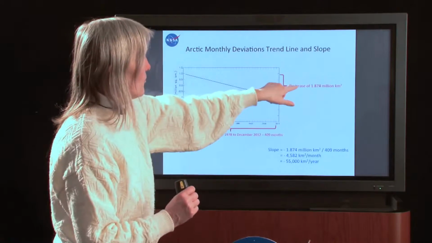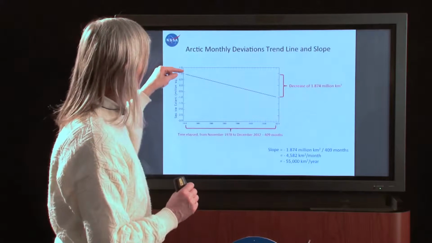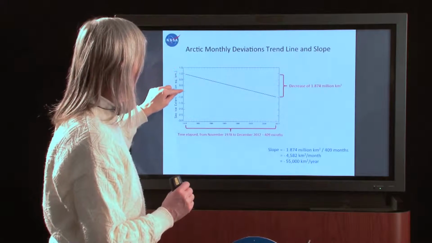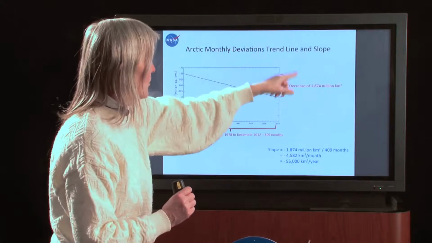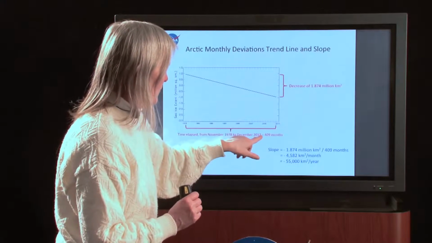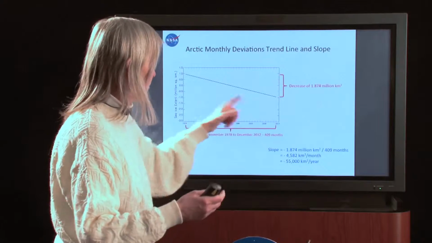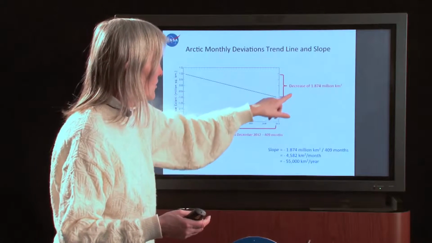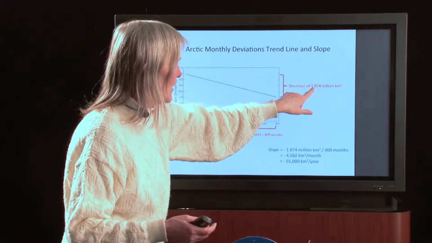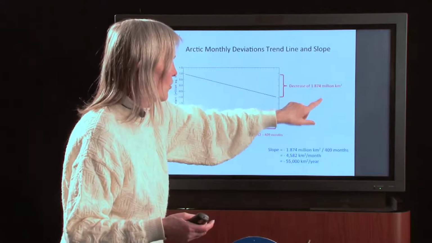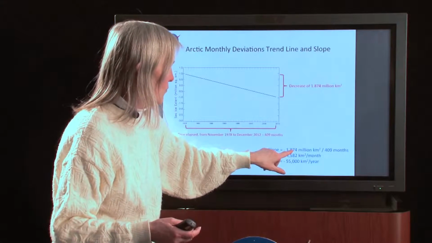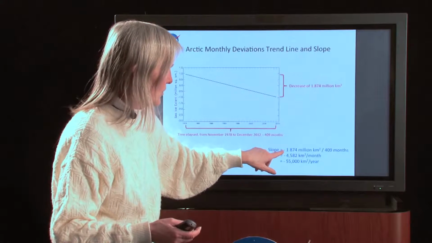So now we've got a decrease from there down to there over the time period of, now it's 409 months, because now we're dealing with monthly deviations and no longer yearly averages. And the decrease is 1.874, and since it's a decrease, we put a negative sign.